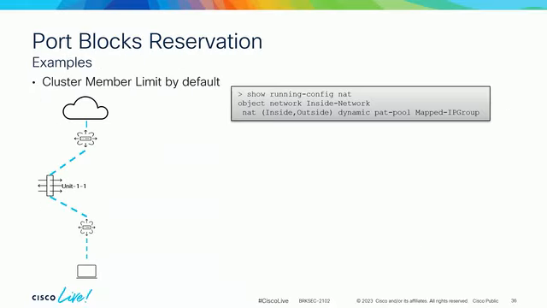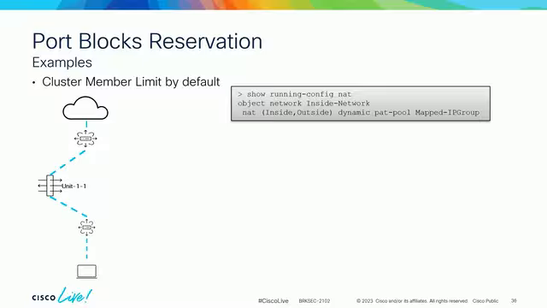In the first example, we have a simple cluster setup. This cluster is going to be formed by 2 units, but so far we have just one unit in the cluster. And the cluster member limit is set by default. Now we know that even though we don't see the flat keyword in the NAT statement, flat is the default behavior.